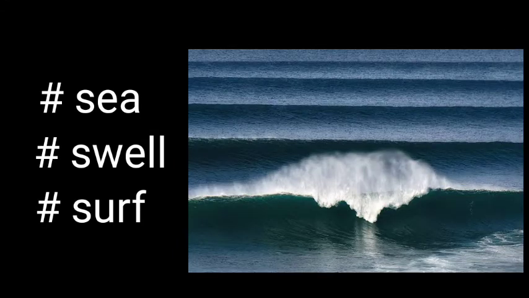As the waves move away from the winds that created them, from the place of their origin, they begin to move in a uniform pattern with an equivalent period and height. Those kinds of waves are called swell.